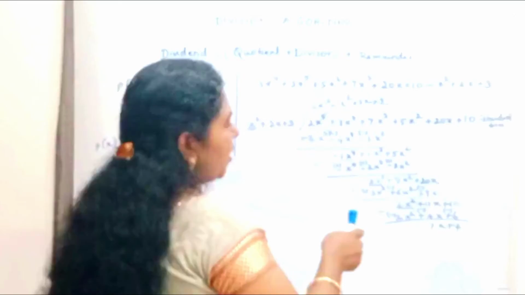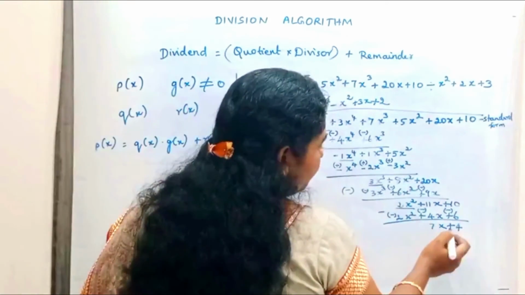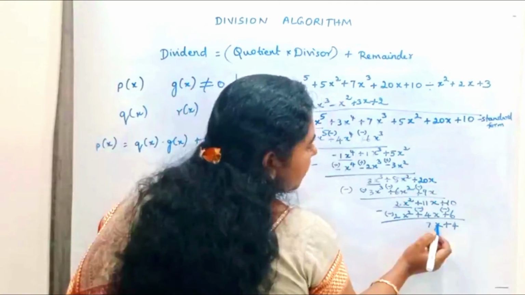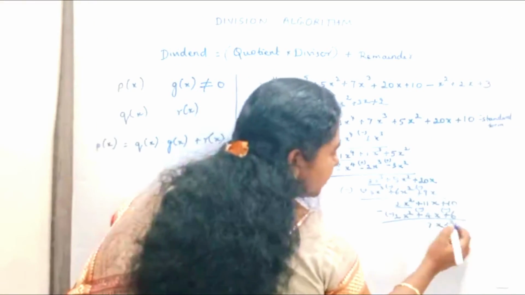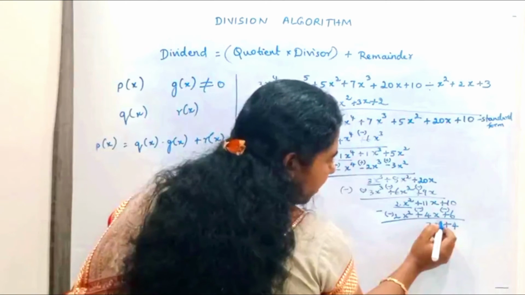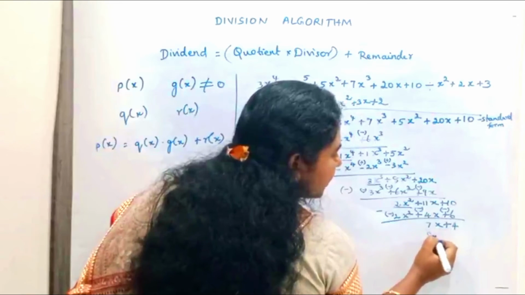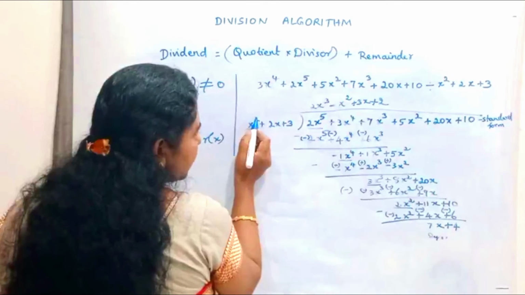Okay, now one more thing, that is we have seen about the degree of a polynomial. Already we have seen, degree is nothing but the maximum power of the variable present in an expression. So in this expression, the variable is x and the maximum power is 1. There is only one x term. So here the degree is equal to 1. Now coming to the divisor part, here the maximum power is 2.